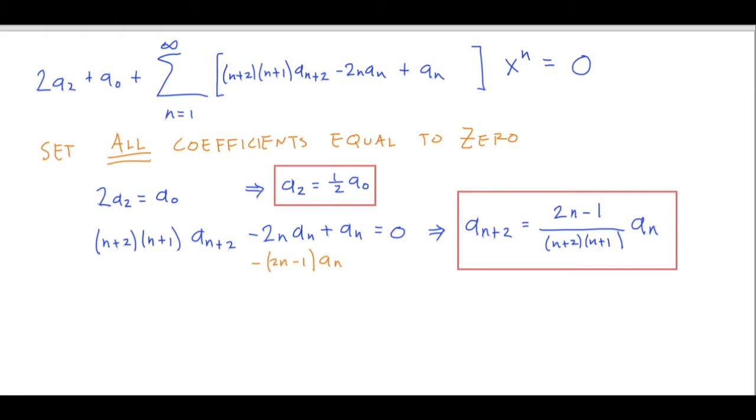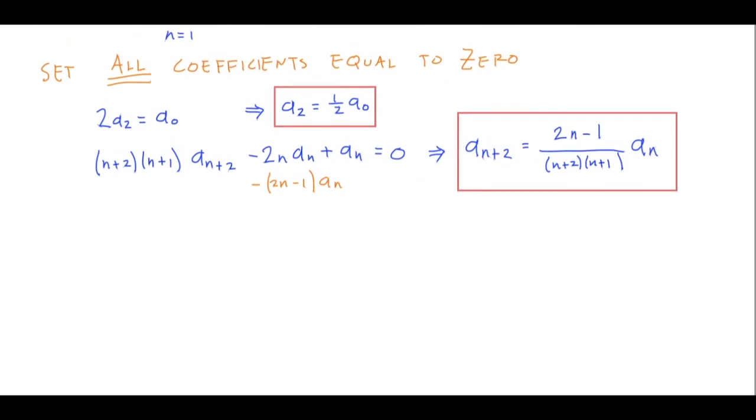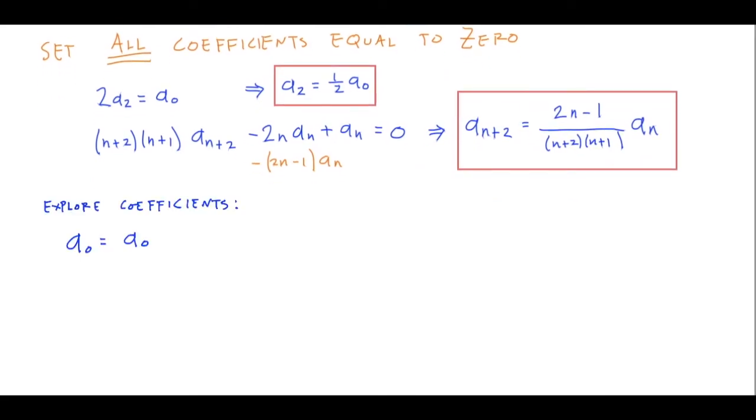So just to get a better feel for what's actually going on, let me explore the first several coefficients that are defined by this pair of relationships. My first coefficient, a sub 0, cannot be determined by these equations. There's no way to identify or specify exactly what a sub 0 is. The same is true for a sub 1.